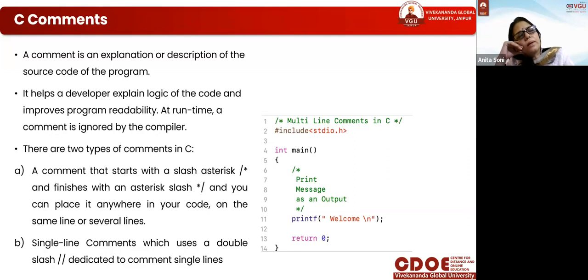Now, I was talking about comments. Comments are non-executable statements. They are skipped by the C compiler when the C program compiles. They are meaningful only if someone wants to explain what his or her program is doing, so he or she can add comments, meaning documentation, in the program. There are 2 ways to write a comment. If you want a single line comment, you use a double slash.